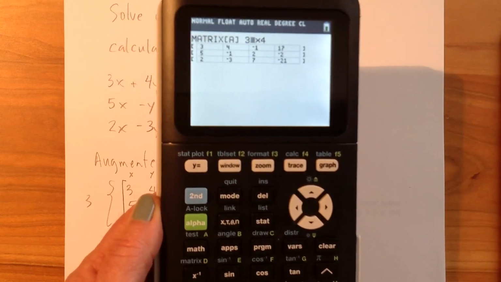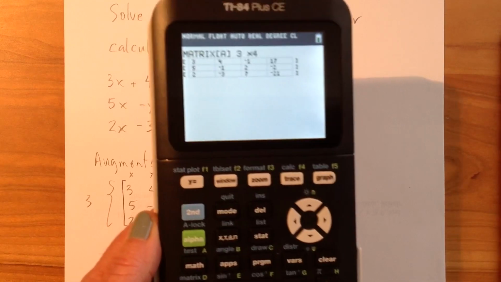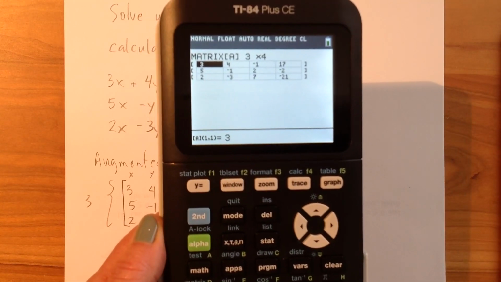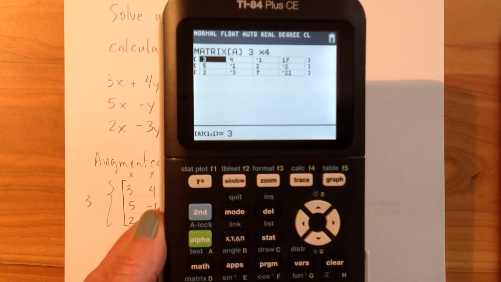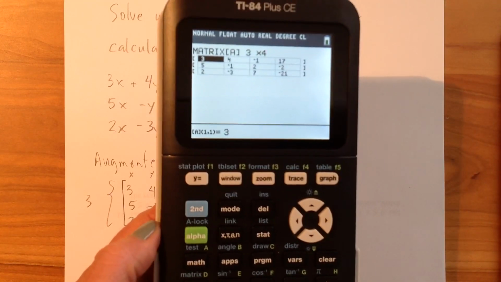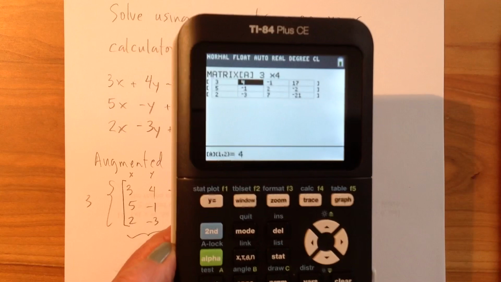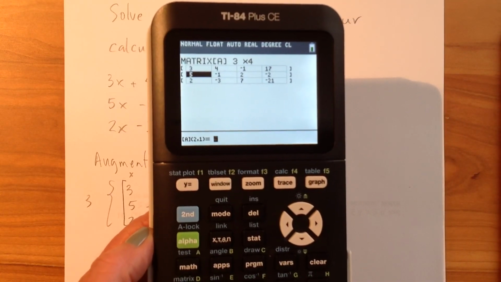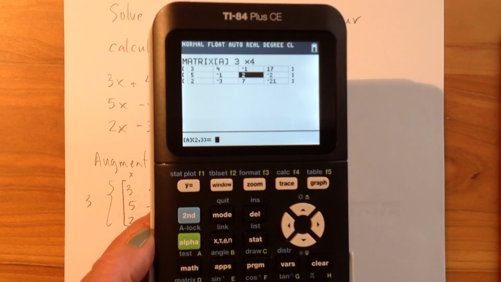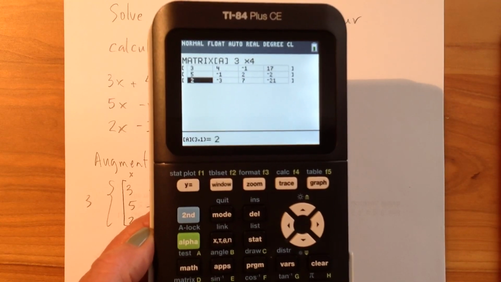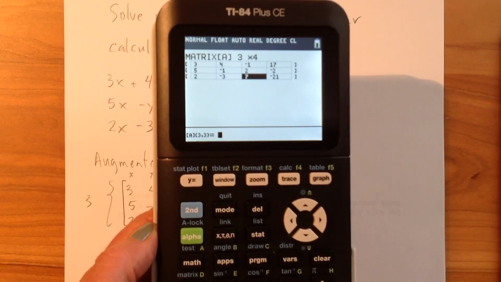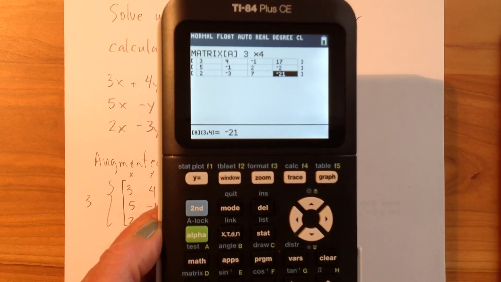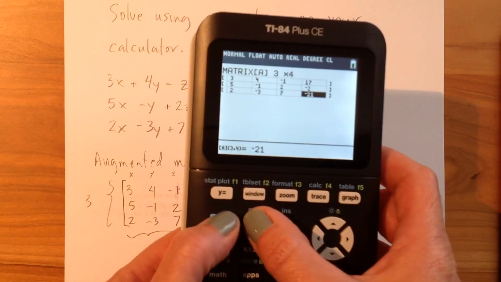So you'll hit 3 if you don't already have it, enter, 4, enter, and then you start entering the coefficients. So I'd do 3, enter, 4, enter. Just keep going through, entering all the entries in your matrix. That's the first step: enter your matrix, then quit.